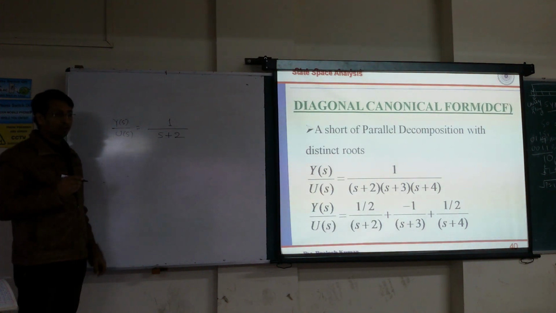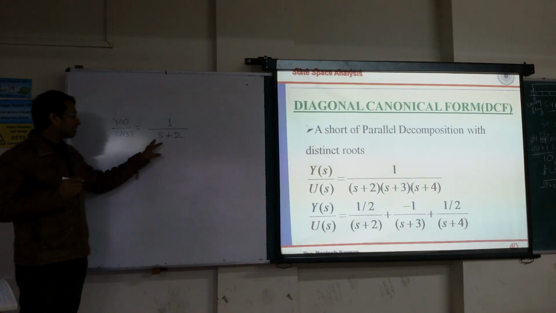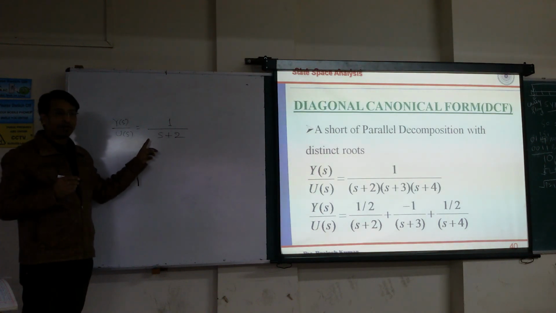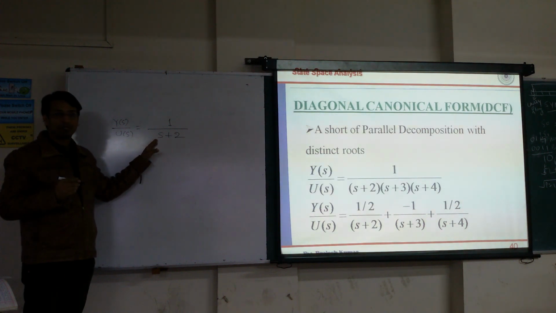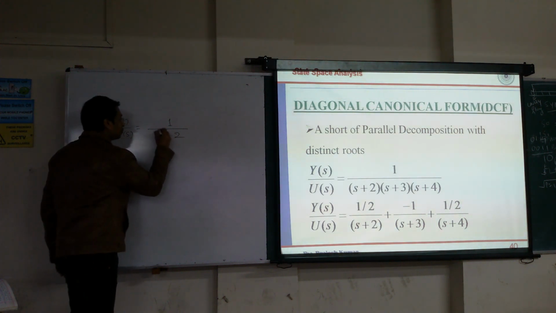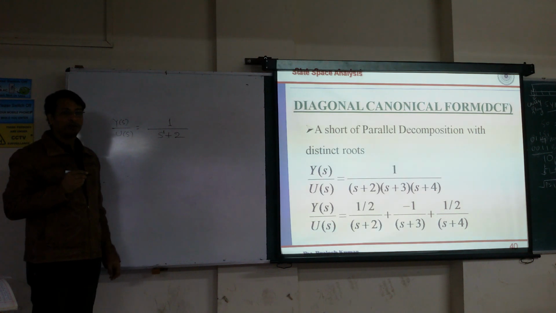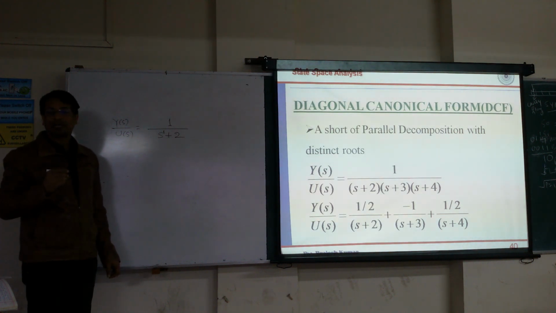So what you will do, since the order of this particular polynomial is just 1, s to the power 1, you need only one integrator in your realization.